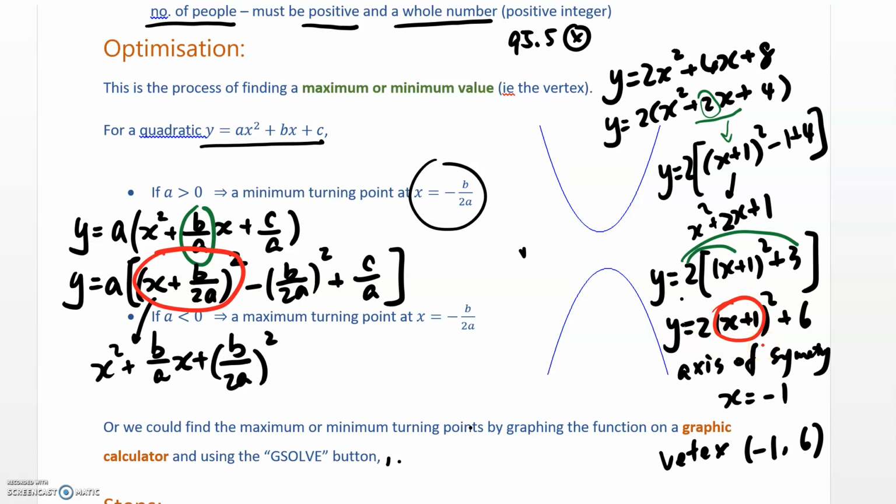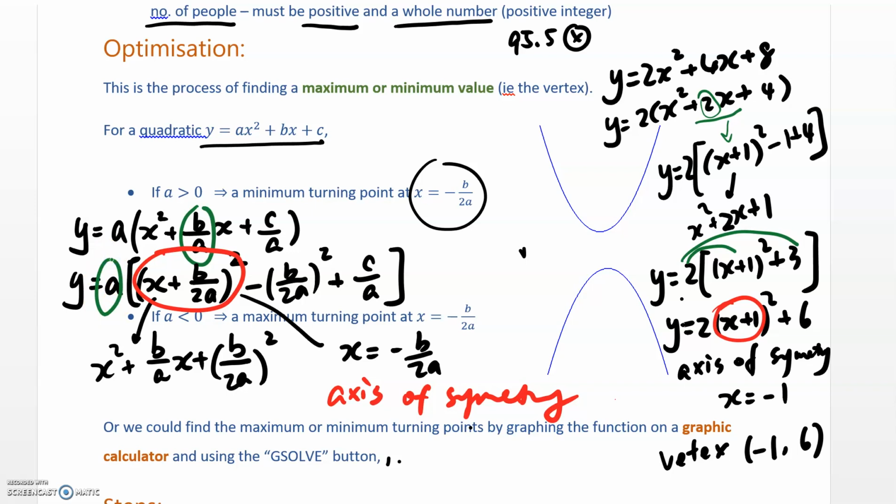Okay, so I can get my axis of symmetry from here. Okay, so you can see at axis of symmetry, now that depends on my A value.